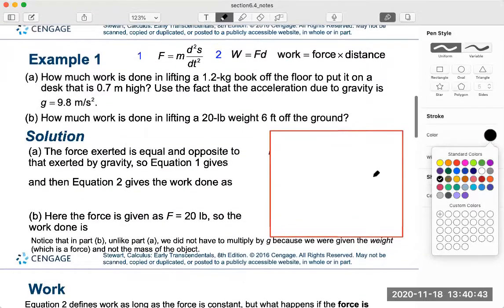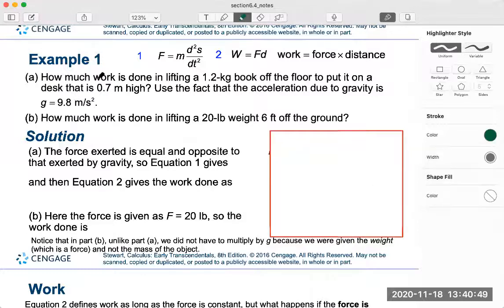Let us take a look at the first example. We want to compute the work done when we lift an object whose weight is about 1.2 kg to the height of 0.7 meters. You can see it on the notes here.